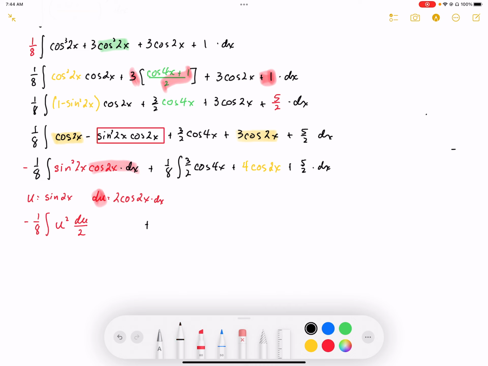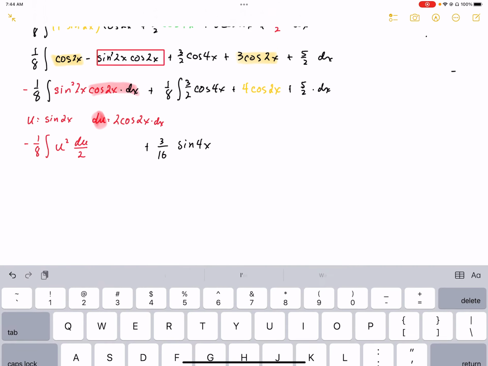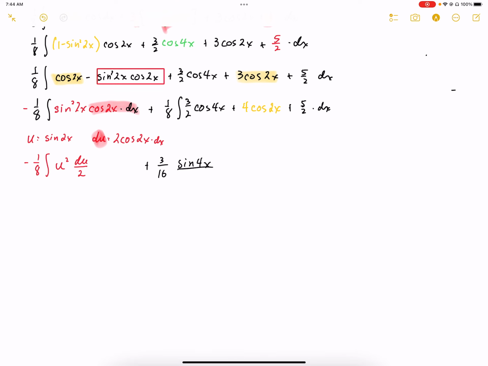I'm going to integrate this expression here, the next parts of this. So I get 3 over 16, and the cos 4x becomes sine 4x. And then I have to divide by 4, so I'm going to divide by 4, plus, this is going to be 1 over 8.